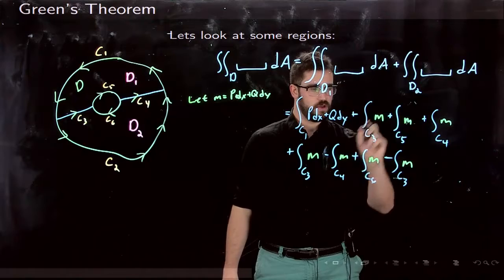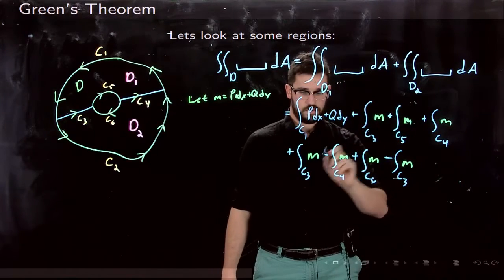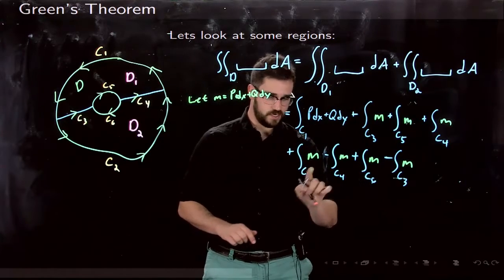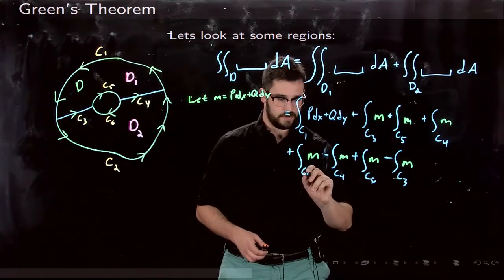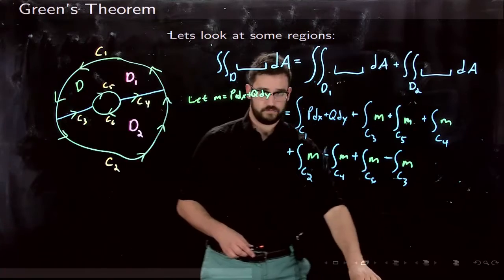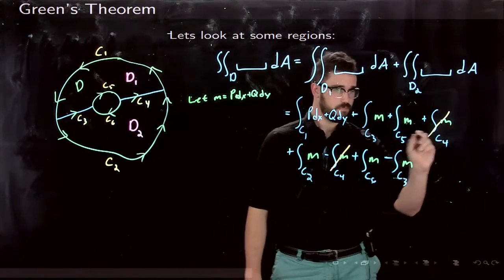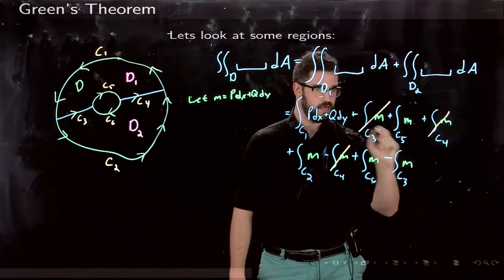So we have C3, nope, whoops, this should be a C2. I don't know if I said it accidentally wrong. My bad. So our C4s cancel, and our C3s cancel.